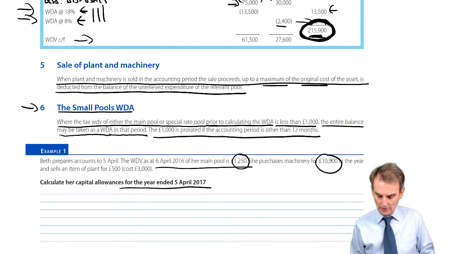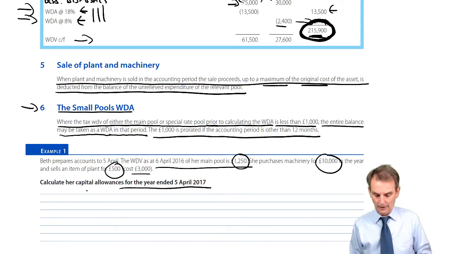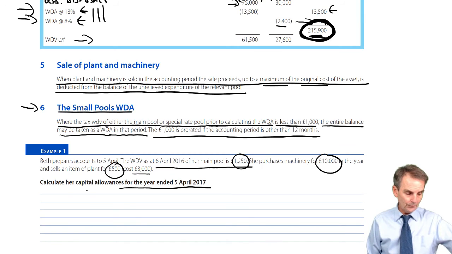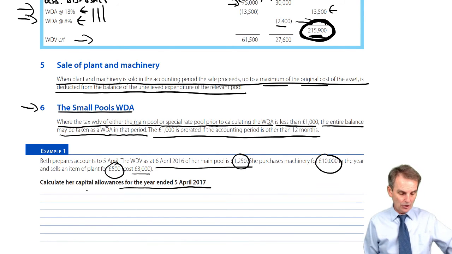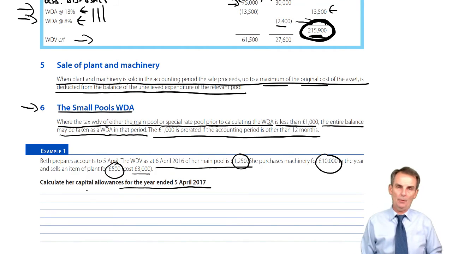She's purchased machinery of £10,000 in the period and sells an item of plant for £500 that had cost £3,000. Clearly, the proceeds are less than the cost. So, a fairly simple exercise in terms of the capital allowances computation that we need to put together.